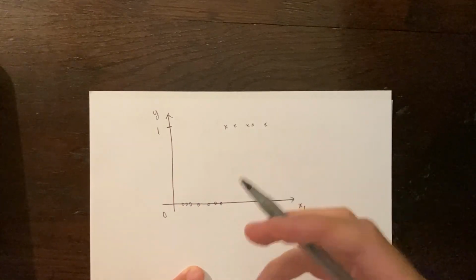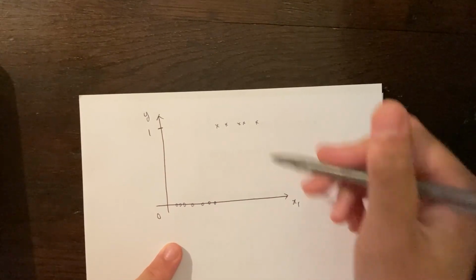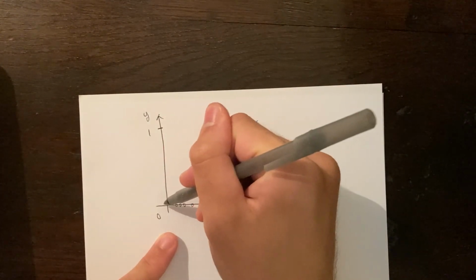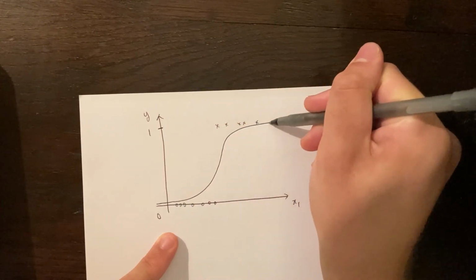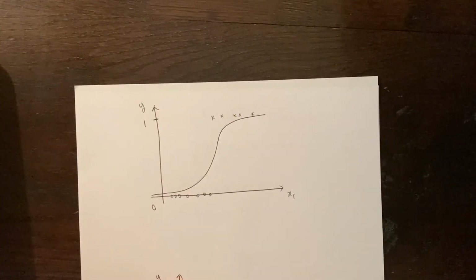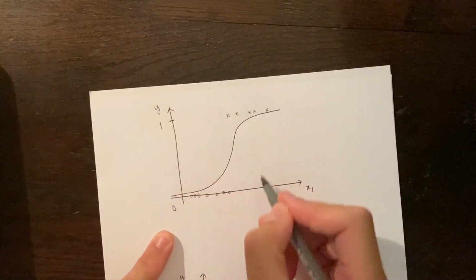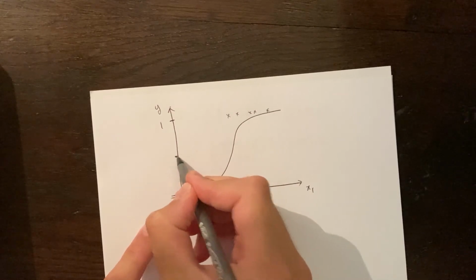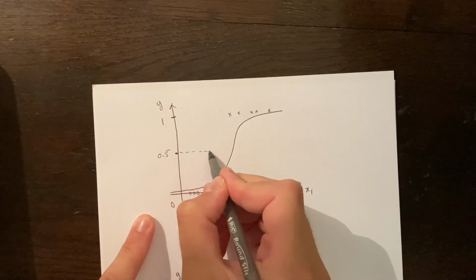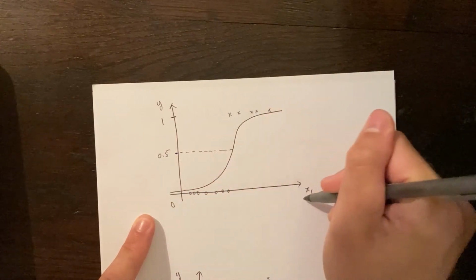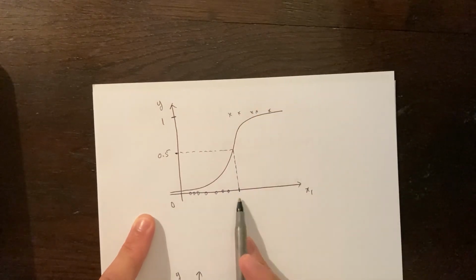And our predicted probabilities for each value of x1 should look something like this due to the sigmoid function. And we can see that the decision boundary will simply be the value of x that corresponds to the probability 0.5. So our decision boundary, if we have just a single feature x1, will be just a single point.